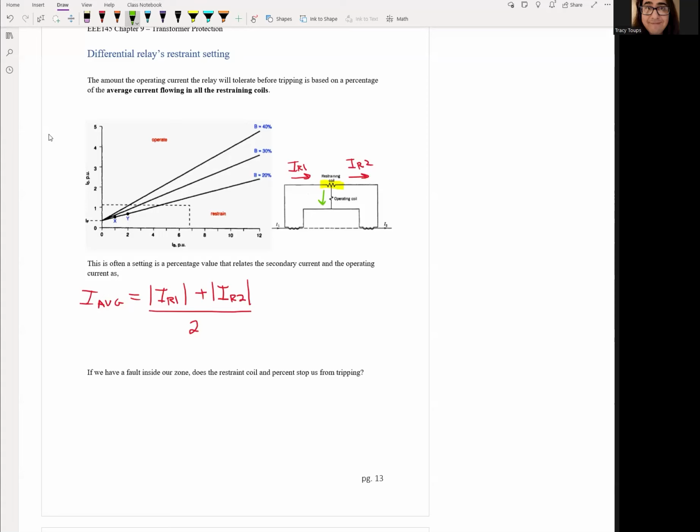So this is I operating. So if we take I operating and then we divide that by I average, which is what the restraint coil is going through, we're going to get a percentage. And this is called the percent restraint.